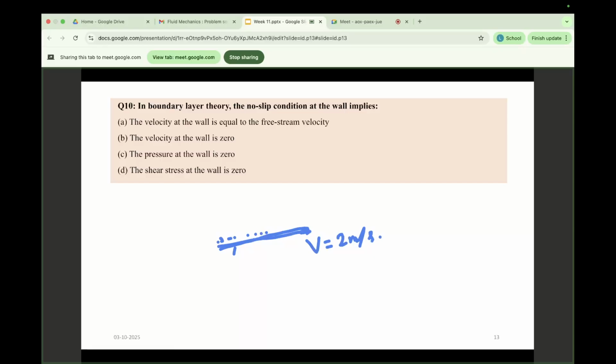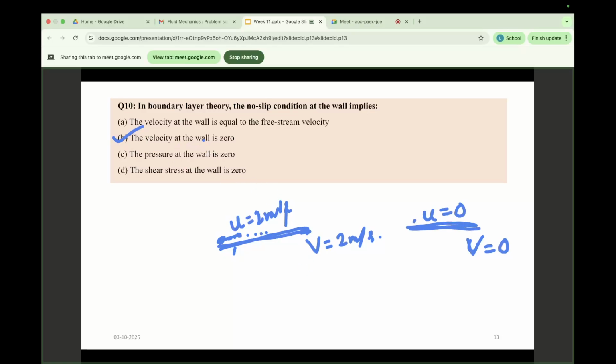That implies the particle near the wall should also move at 2 meters per second. Or if the plate is at rest, in stationary condition, then this particle should be at rest. That means the velocity at the wall relative to the plate should be zero. So option B is correct.